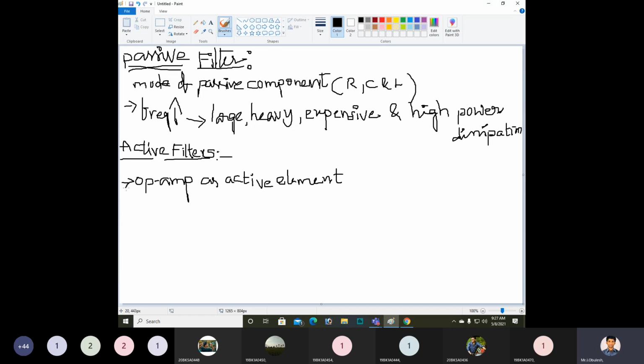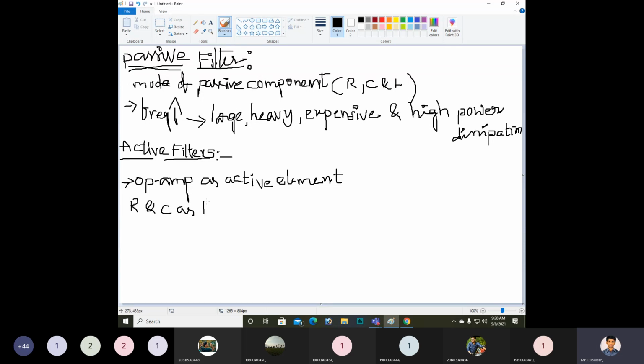Active filters overcome the problems of passive filters. They use the op-amp as the active element and resistors and capacitors as the passive elements.